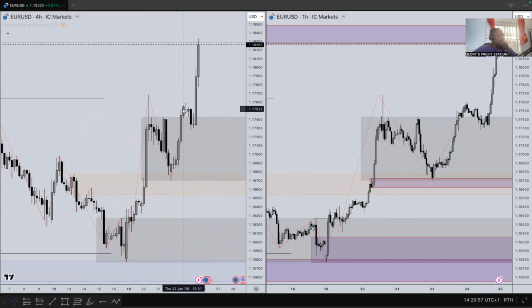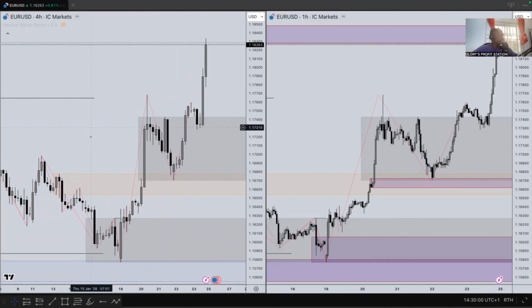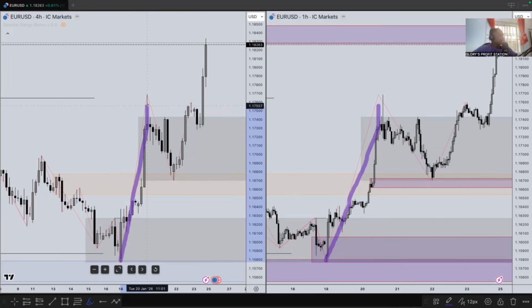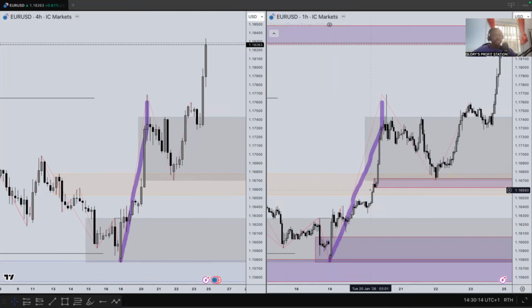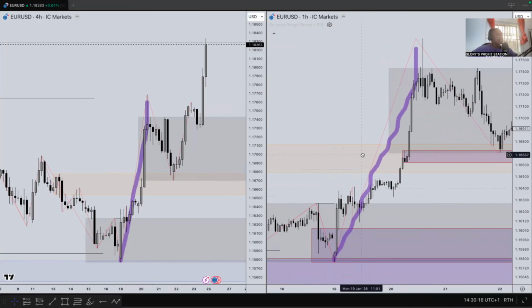Now, on the higher time frame, which in this case here is on the 4-hour time frame, we can see volatility, big push to the upside. This is the higher time frame market structure, whereas this, on the other hand, being the lower time frame market structure on the 1-hour time frame, we can see smaller candles. Therefore, we can see more structure.